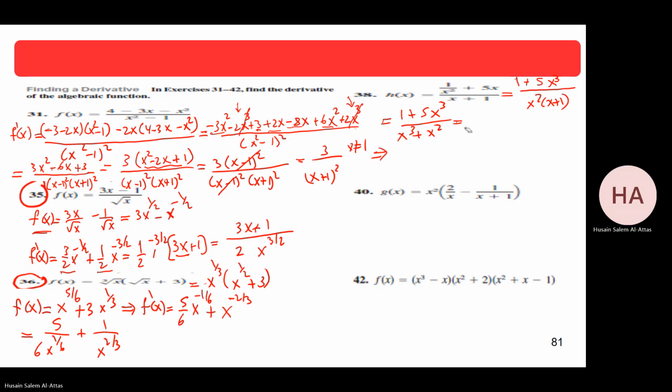F prime of x: derivative of the numerator, which is 15x squared times x cubed plus x squared, minus 1 plus 5x cubed times 3x squared plus 2x, all over x cubed plus x squared, squared.